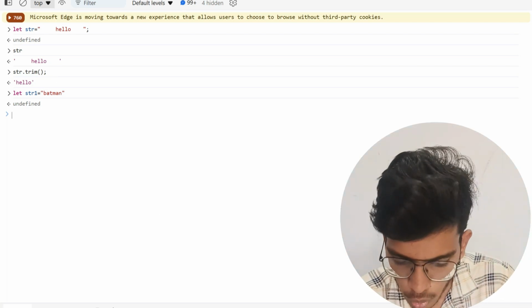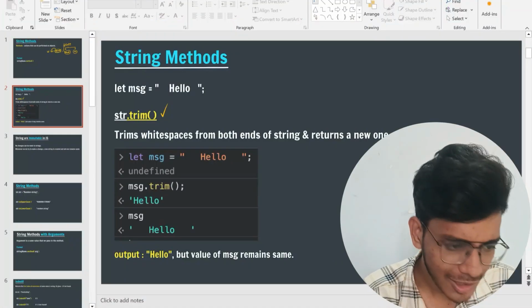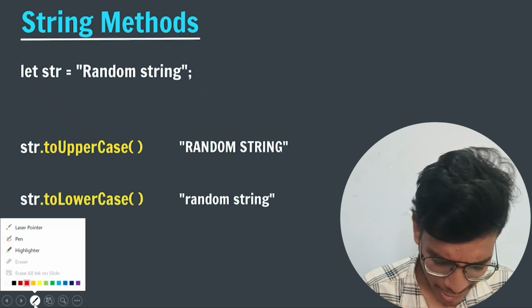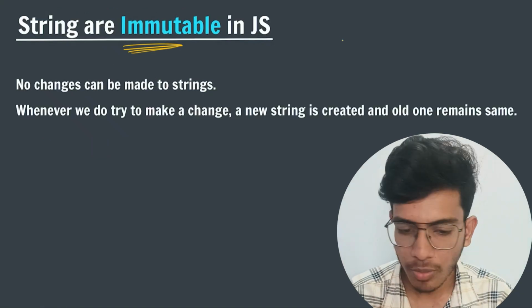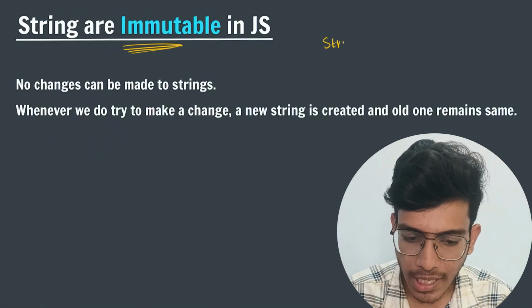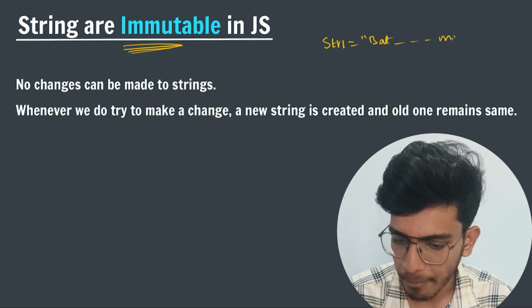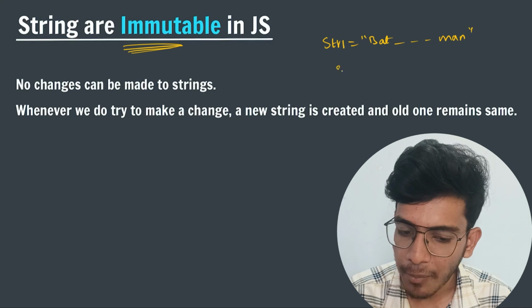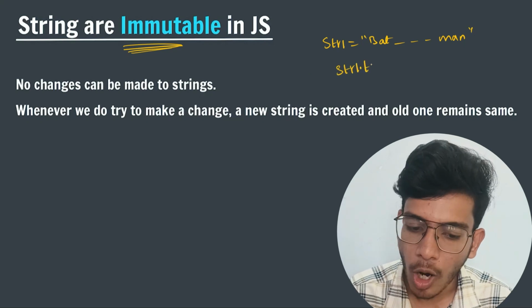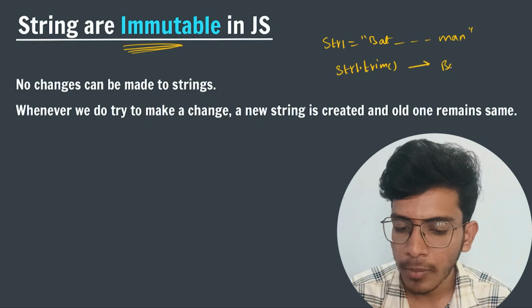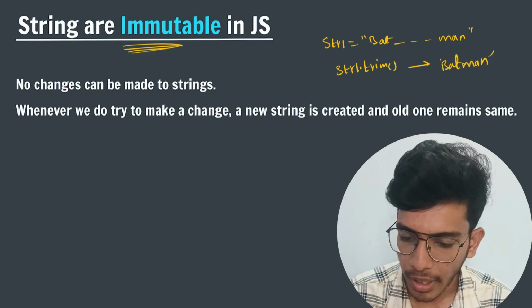So let me show you what I mean. This might be a little bit confusing in the beginning itself, but I don't want to confuse you guys. The meaning of immutable is that, let's say I'm writing str1 is equals to " bat man" with spaces. After that I am performing str1 dot trim. You can see that the output will be bat man, right?